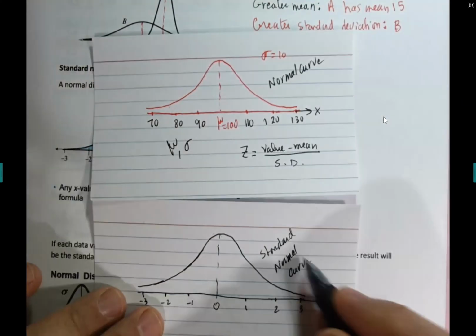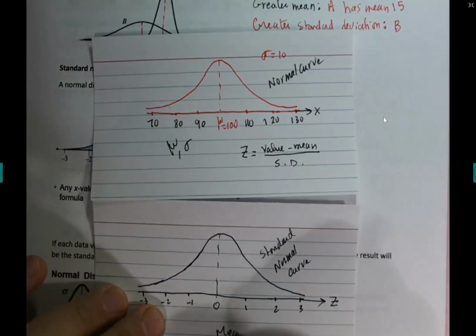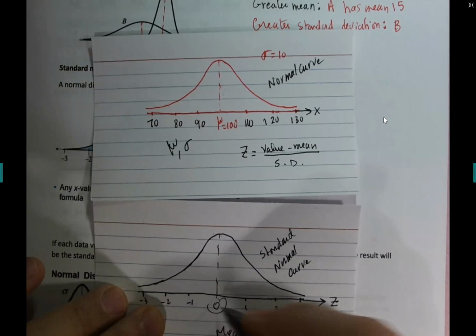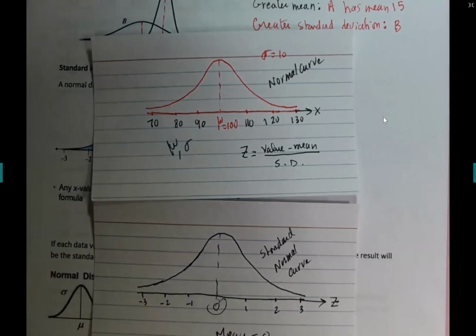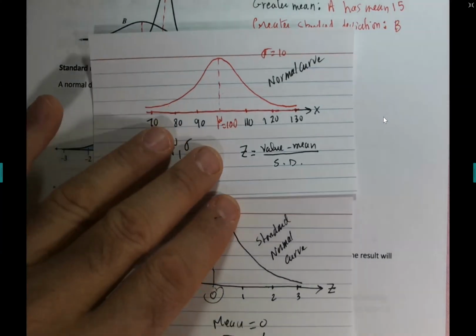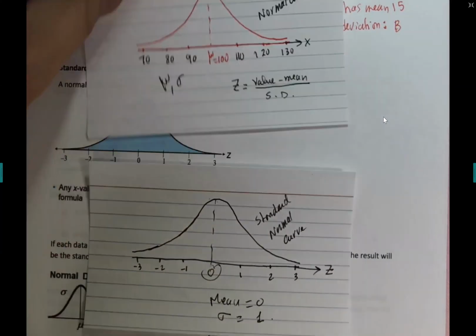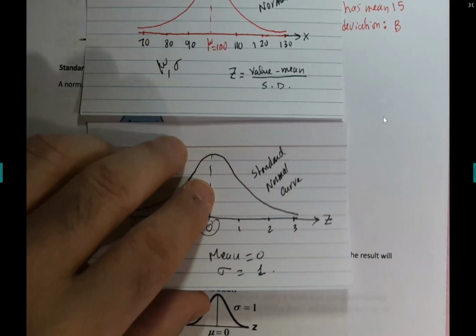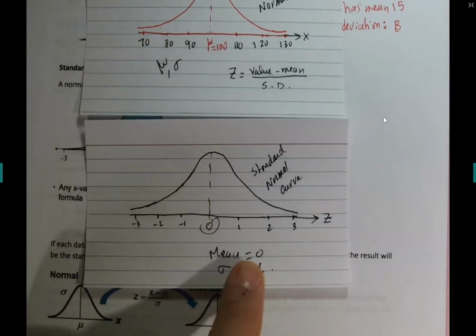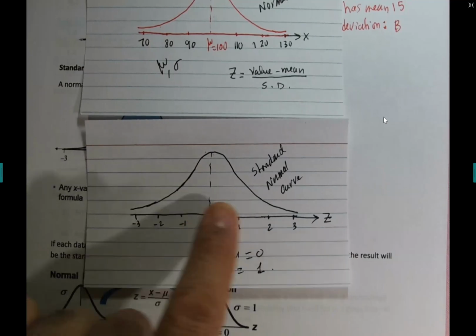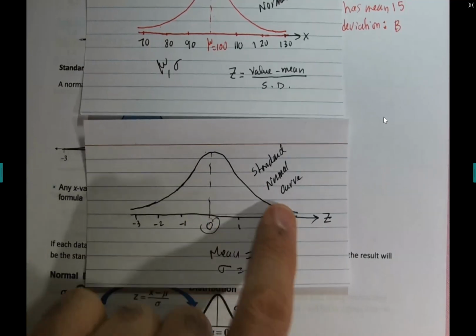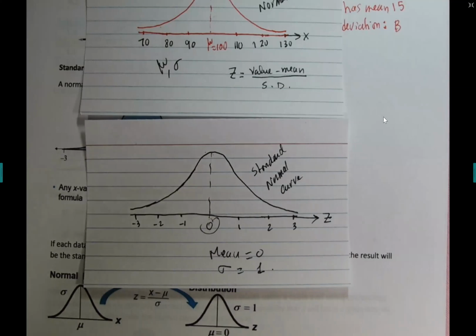For the standard normal curve, the mean is 0, which is right at the center, guys, and the standard deviation is 1. So 0, 1. We will be using the standard normal curve because it's a lot easier to use than the normal curve. And remember that when you have a sketch that has a 0 right at the center, it's not the normal curve, it's the standard normal curve. Any questions?